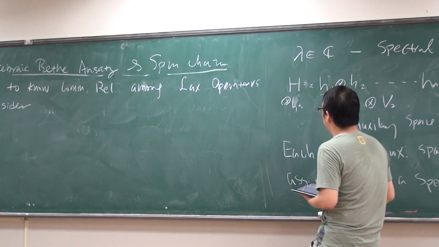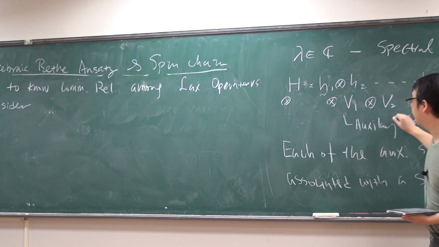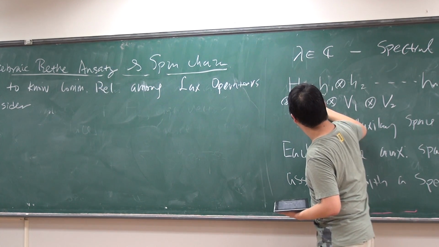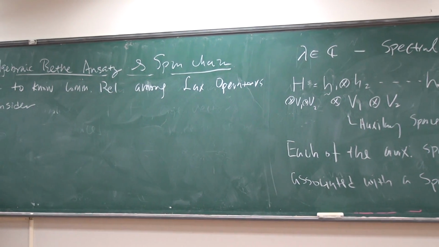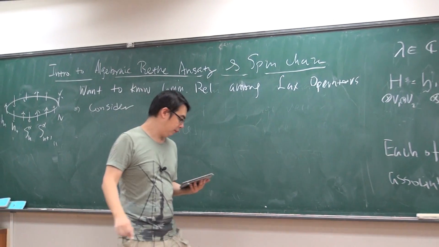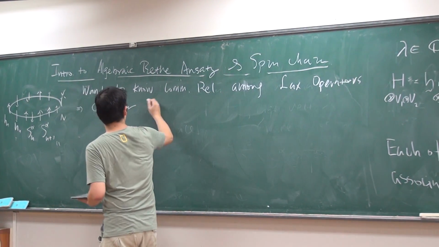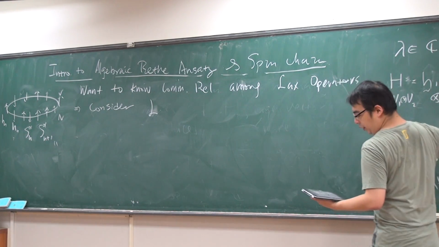I use B to label the auxiliary space, but now there are two of them. Basically I want to consider two Lax operators associated with V1 and V2.